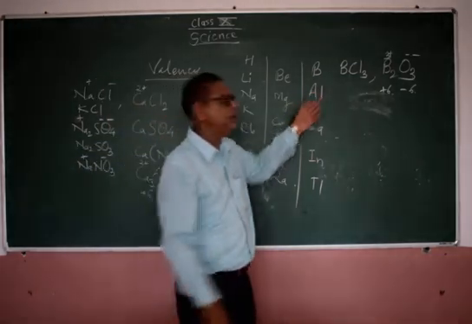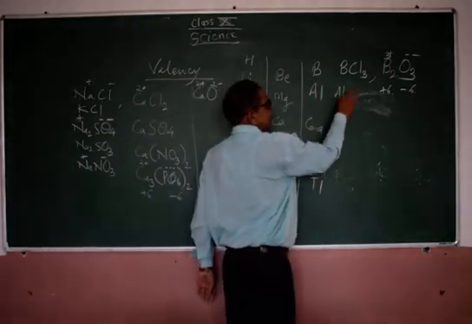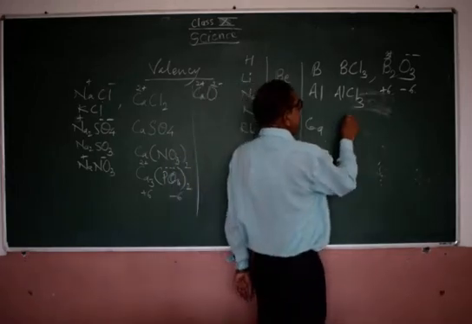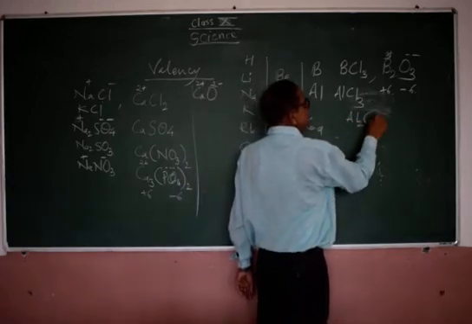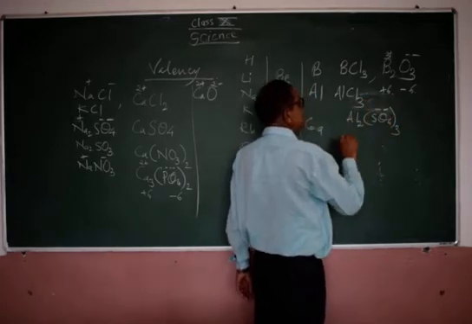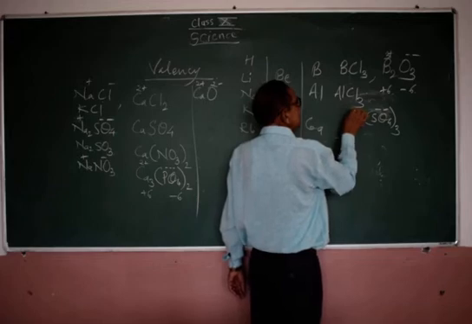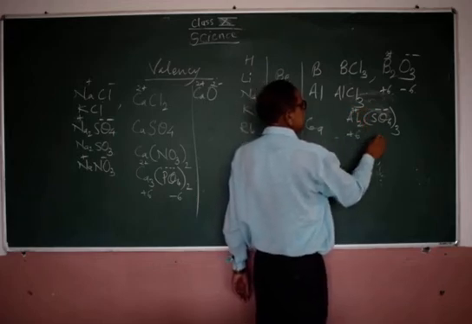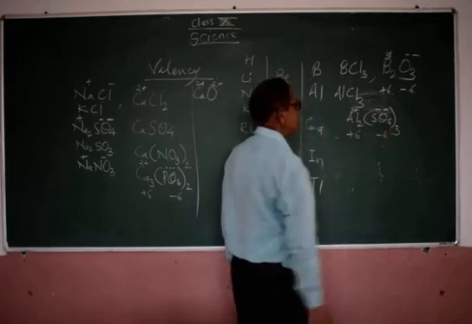Aluminium chloride, you know, AlCl3. In this way, aluminium sulfate, Al2(SO4)3. Sulfate has 2 negative charges, aluminium has 3 positive charges, total positive charges +6, total negative charges -6.